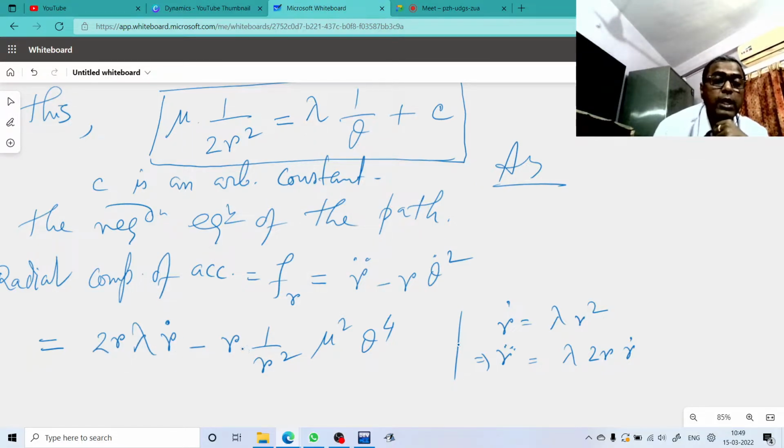Here dot denotes differentiation with respect to time t.